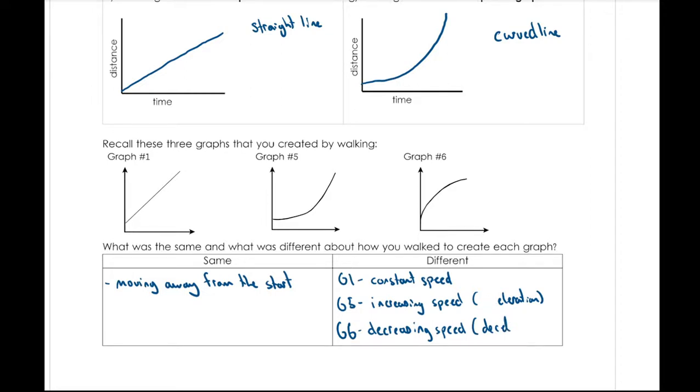I don't even know how to spell acceleration. So we have our deceleration there. Acceleration or deceleration. So the difference is the speeds in our graphs. They're all moving away from the start, and the differences are the speed at which we're moving. Again, that's a summary of what you would have looked at using your own motion.